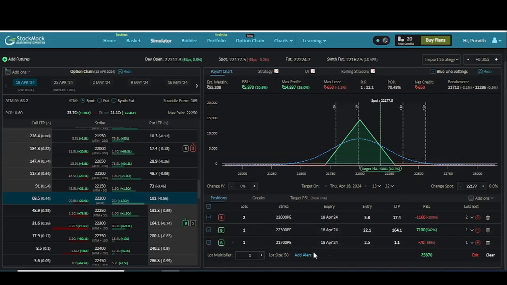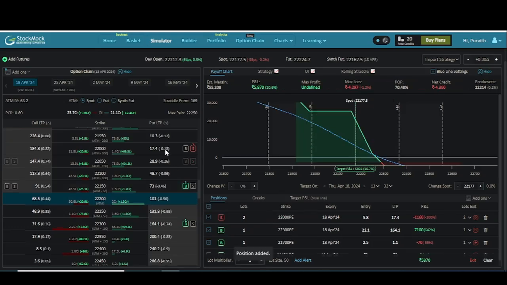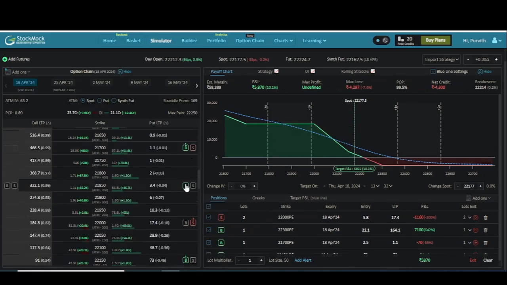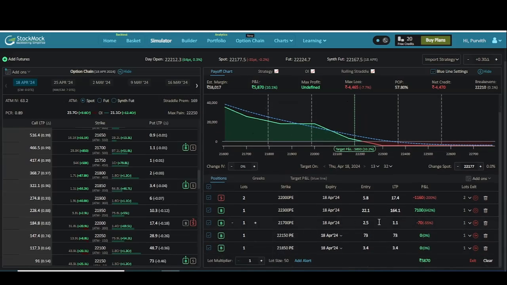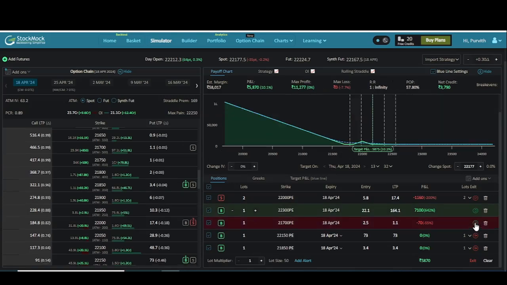For that reason we have to make it an inside buy. Here I'm shifting this buy leg almost 150 points inside. Here also I am shifting 150 points inside, so that the existing buy legs, those two, I'll just book, I just close them.